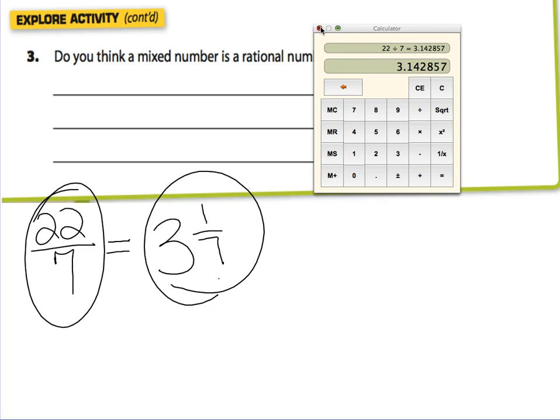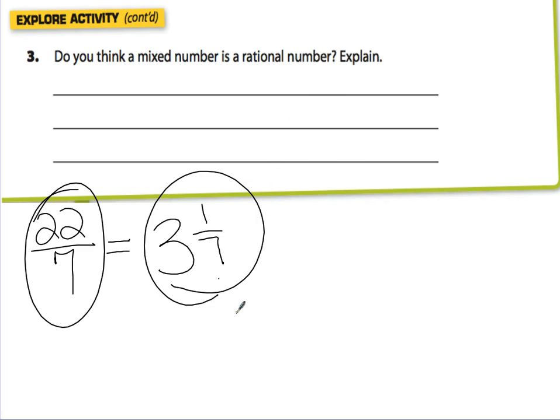Now, mixed numbers. Some are going to be rational and some can be irrational. Okay? So in this case, this one would be irrational, but that 8/5 that we said turns into 1 6/10, that's rational. Okay? So I would say, instead of with their answer, I would say, do you think a mixed number is a rational number?